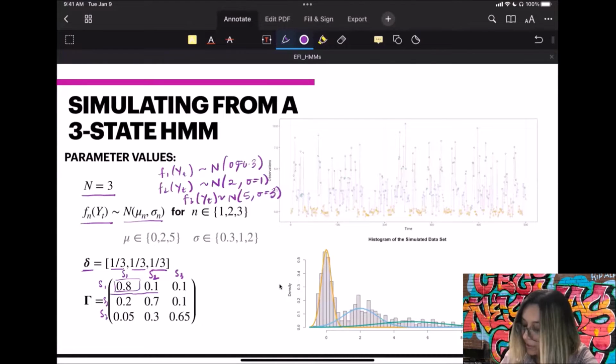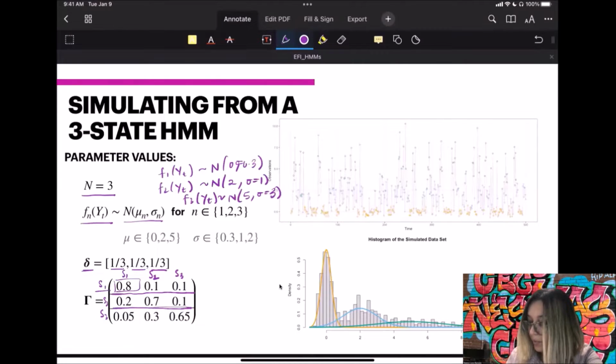So generally, the transition probability matrix is best read as rows. So given that you're in state 1, what is the probability at the next time point you'll stay in state 1? That's 0.8. What is the probability that you'll switch to state 2? That's 0.1. And with probability 0.1, given you're in state 1 at time t, you'll switch to state 3, and so on.